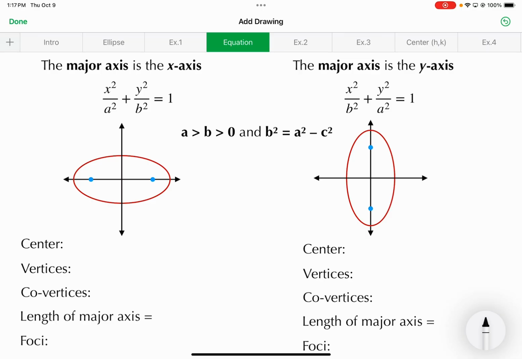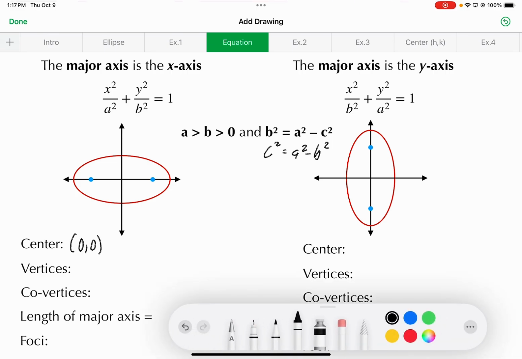And a relationship you want to focus on is b squared equals a squared minus c squared. We haven't talked about what c is yet, but we will in a minute. Actually, one form that's probably more useful is c squared equals a squared minus b squared. It's helpful to write that because when we find our c value, that's what we're going to use. So my center is at 0, 0.